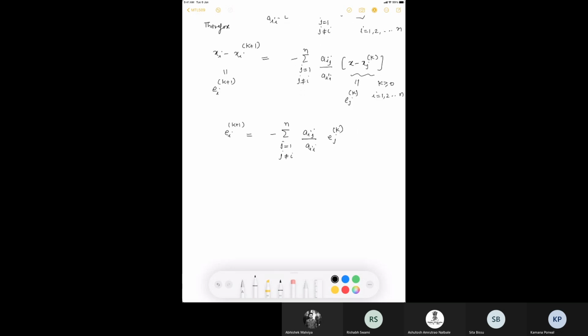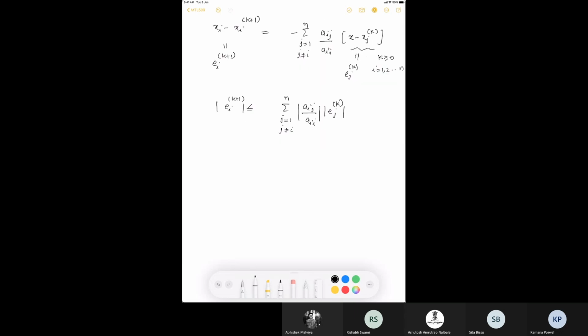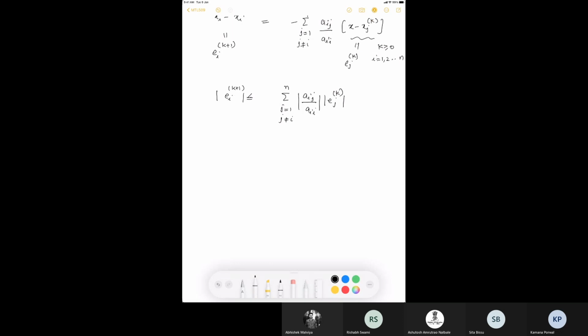So if I take the absolute value on both sides, the absolute value of this is going to be less than or equal to, so I'll get rid of this minus sign here, and then I will have the absolute value of this into the absolute value of this. Note that here we have the jth component of the kth iteration, right?